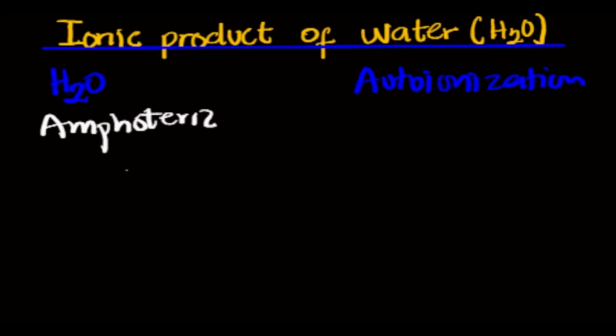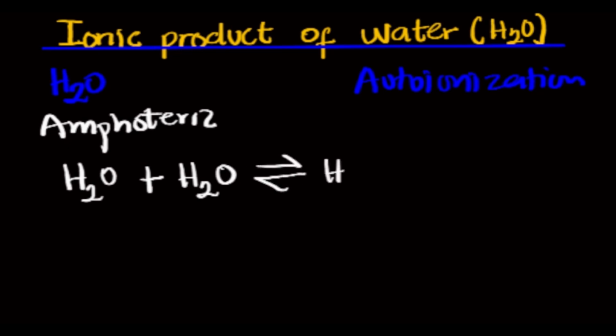substance, and the reason is that, let's say we have two molecules of water. The first one is H2O, reacting with the second one, which is also H2O. This gives us H3O plus and OH minus. Now if you look at this, we have a molecule of water here, and then another molecule of water here.